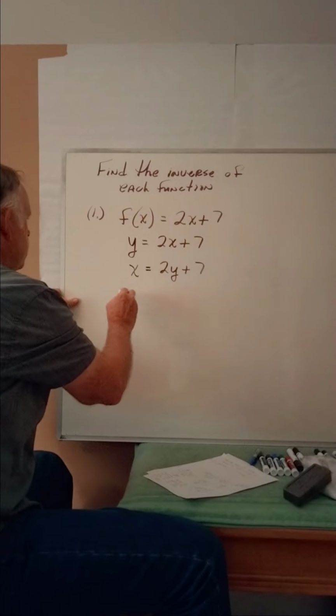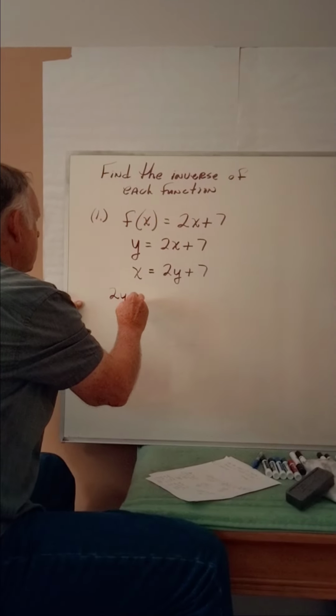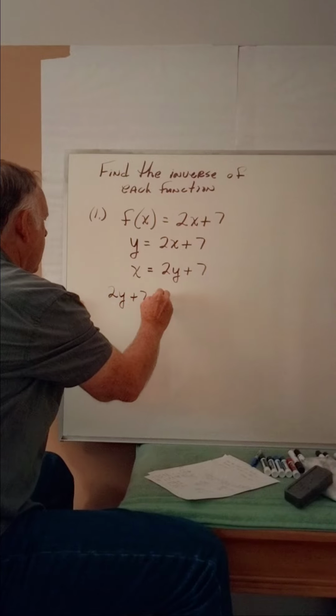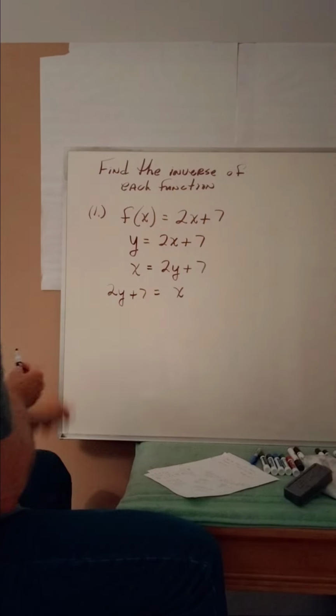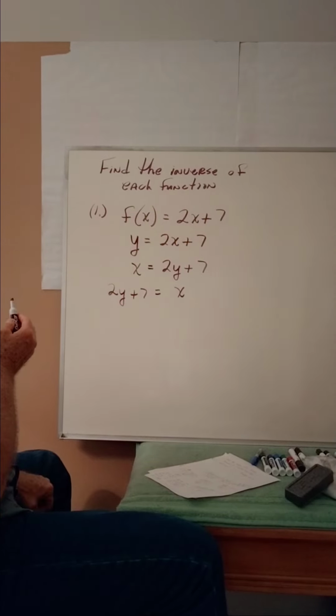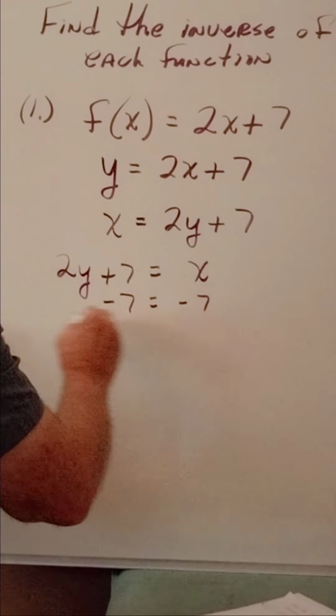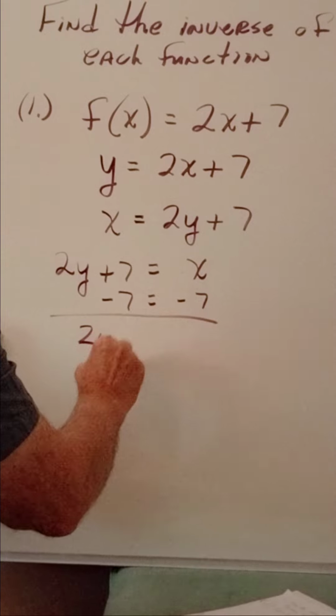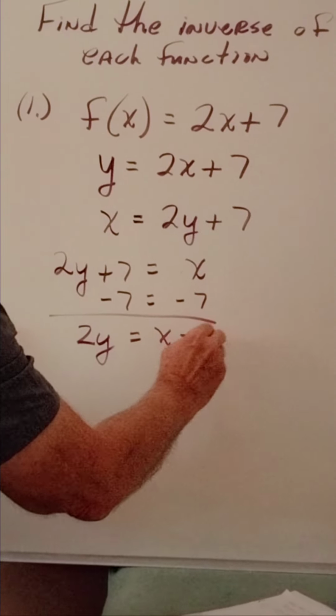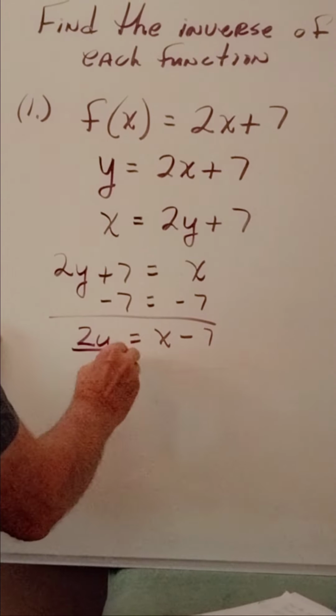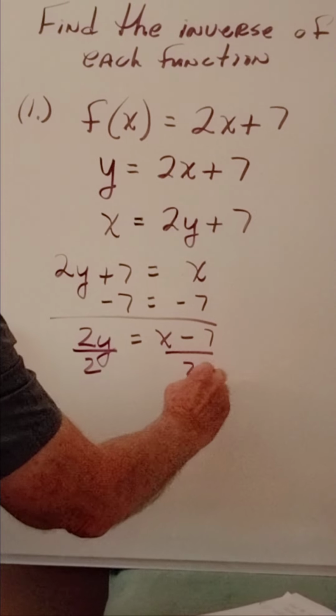Now I'm going to put the 2y plus 7 on the left. I wouldn't need to, but I'm going to. Now we solve this equation for y. Subtract 7 from both sides, and we'll have 2y is equal to x minus 7. Divide both sides by 2.